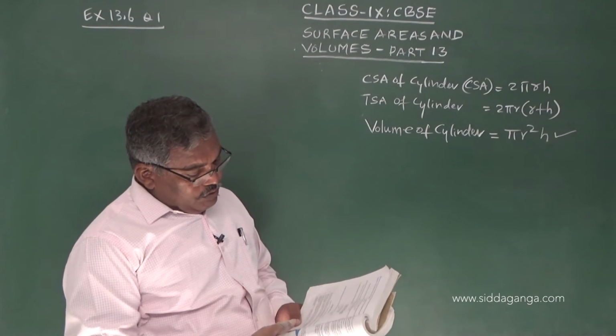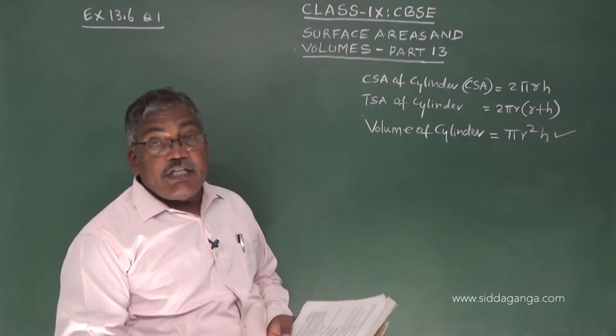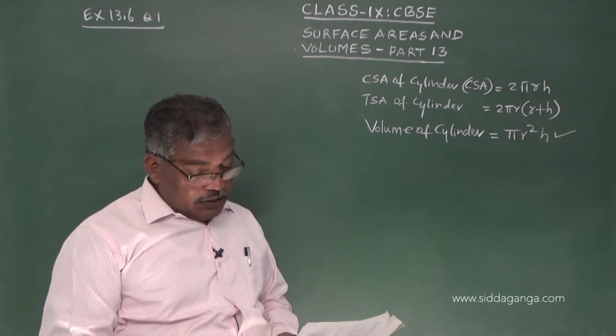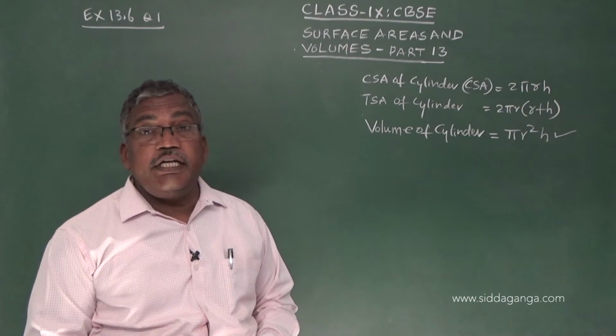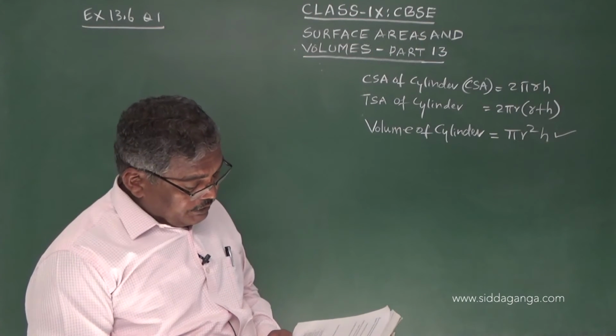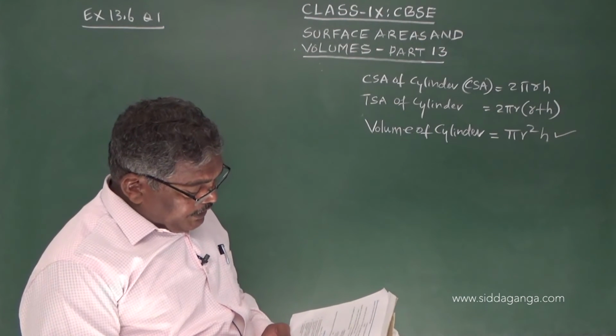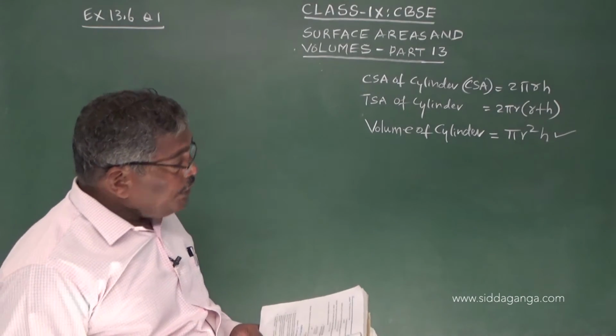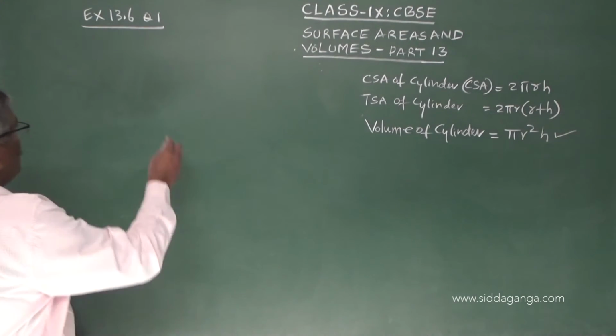So assume pi is equal to 22 by 7 unless stated otherwise, they say. So we have to take 22 by 7 always if it is not specially mentioned as 3.14 or 3.1 like that.